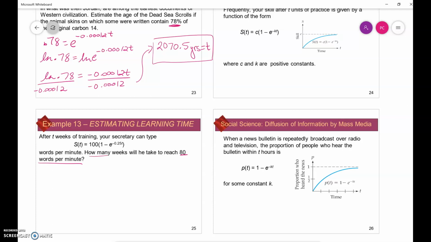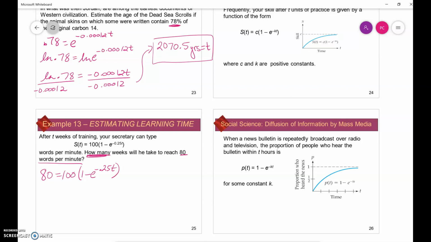The how many is the hint that we're looking for the t value. So I'm going to plug in 80 for S of T. So 80 equals 100 times 1 minus e to the negative 0.25 t. And we're going to solve for t.